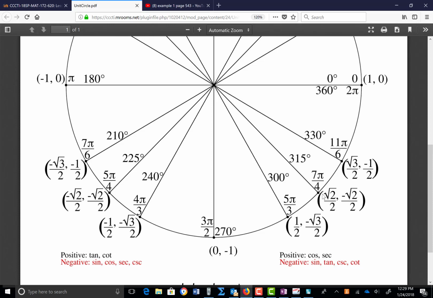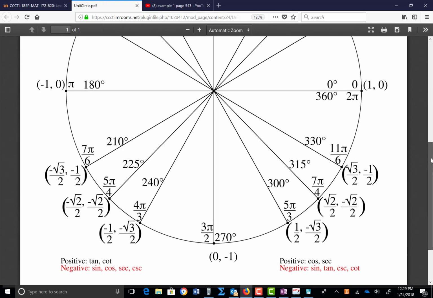On 2c, it says inverse cosine of negative square root of 3 over 2. Cosine is the x value, so I'm looking for negative square root of 3 over 2. That is the x value. If you look on page 542, the range that we're looking at for inverse cosine is 0 to pi.